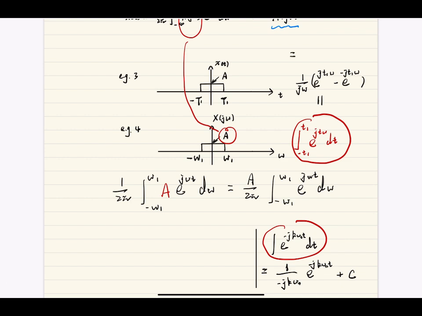Use the Euler formula to get sine omega t1.